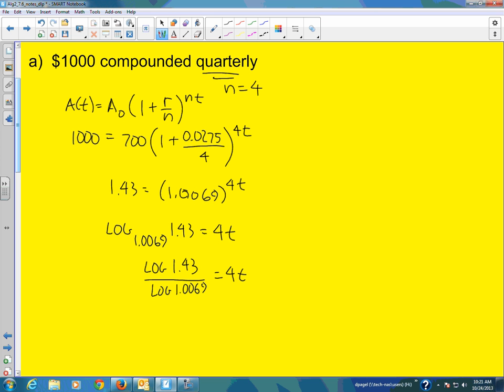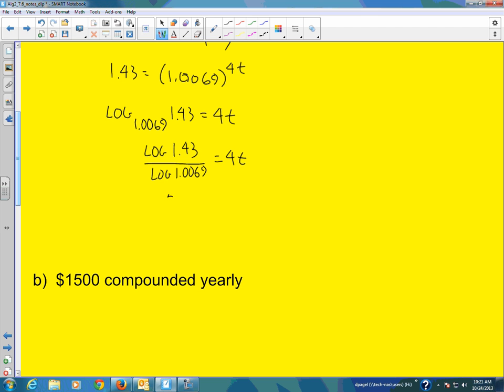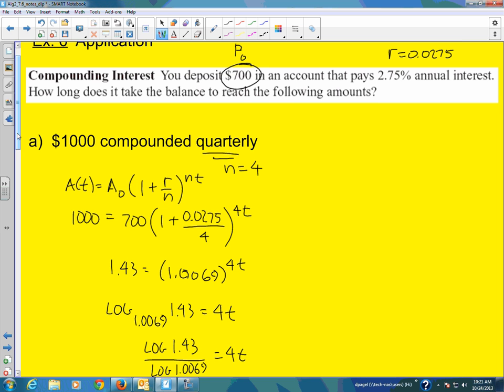So log of 1.43 divided by log of 1.0069 is 52.02. And then divided by 4, I get t, an approximate value of 13 years. So it's going to take about 13 years for our $700 initial investment to get to $1,000 at that interest rate and compounding period.